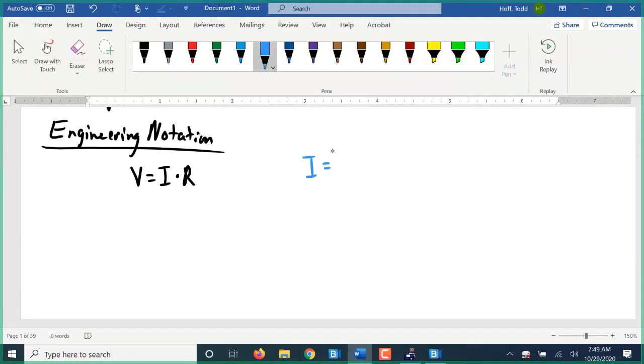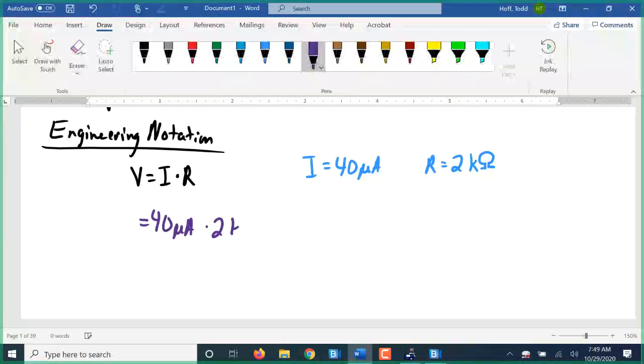Well, if our current is 40 microamps and our resistance is 2 kiloohms, the voltage will be the 40 microamps times the 2 kiloohms.